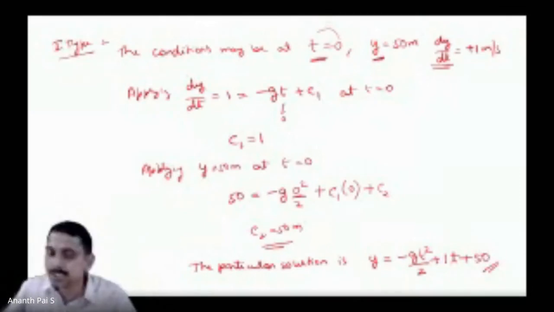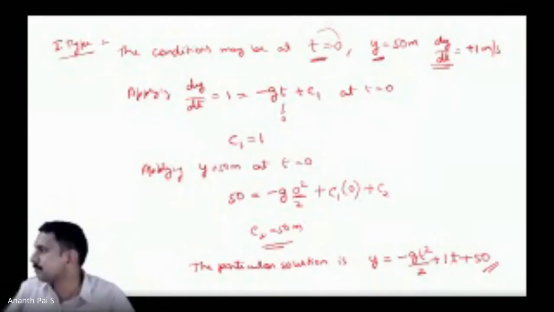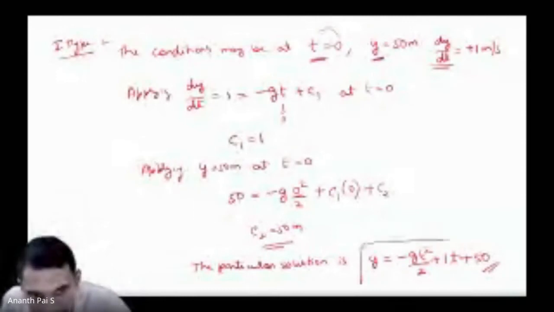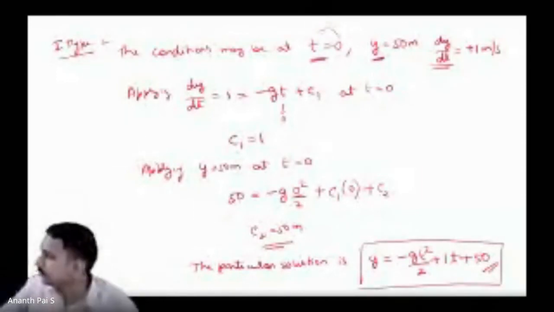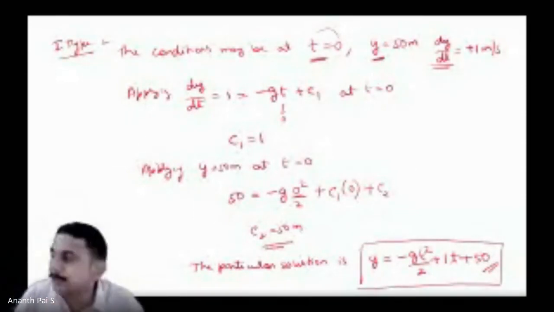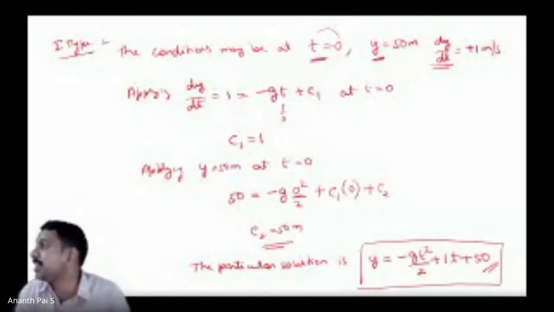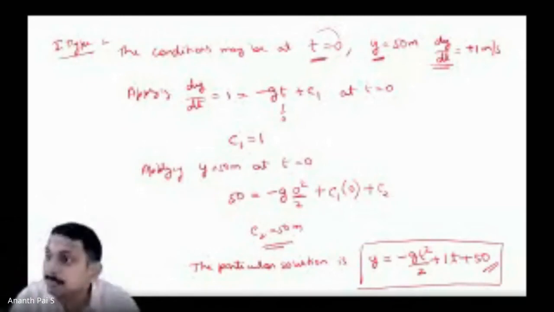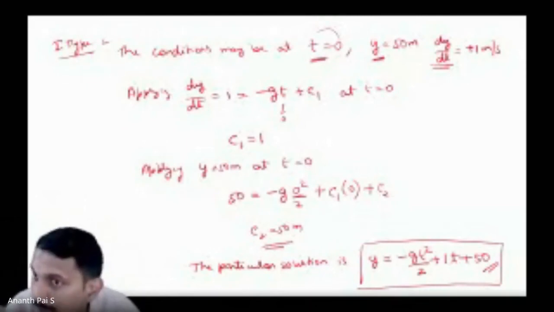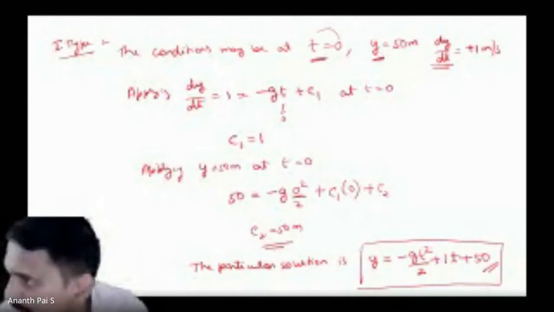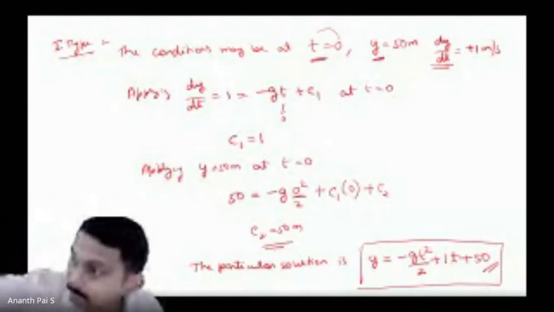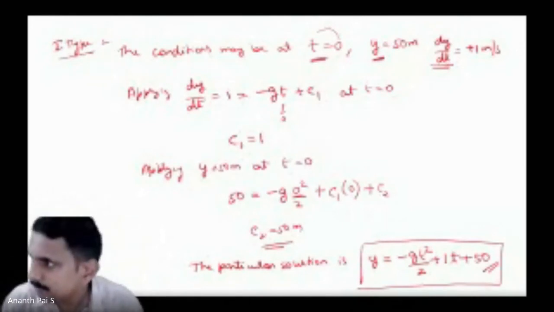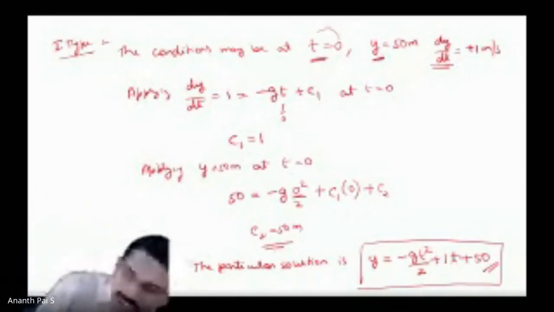What was the general solution? minus gt square by 2 plus c1 t plus c2. This would be the particular solution. Now this way of putting is called initial conditions or initial value problem. This way when I specify, it means initial value problem. Next topic I will do initial value problem, then type 2, which is boundary value problem, which I'll do next. Make sense? Slow and steady, but with depth.